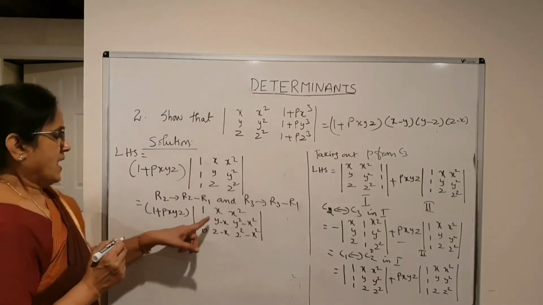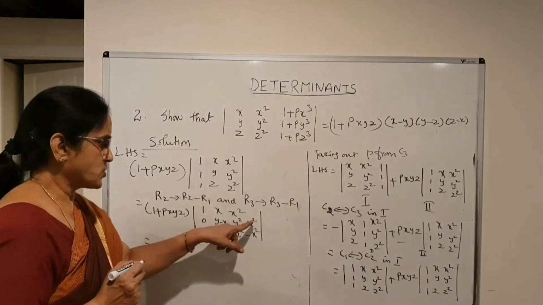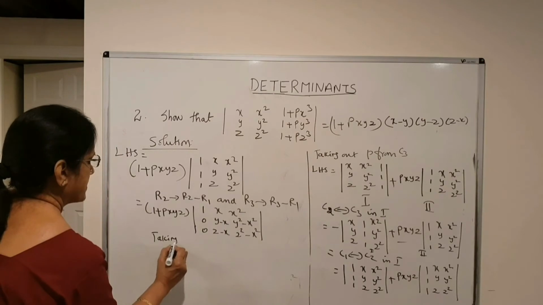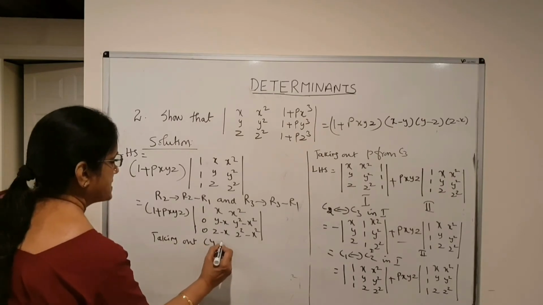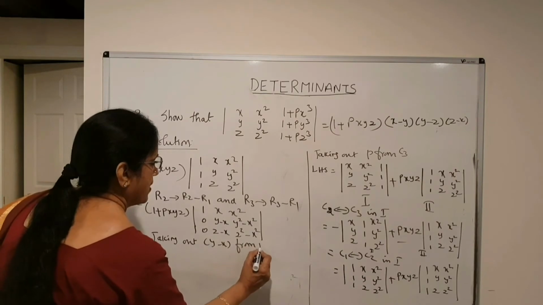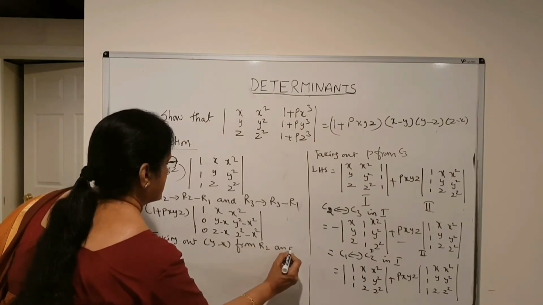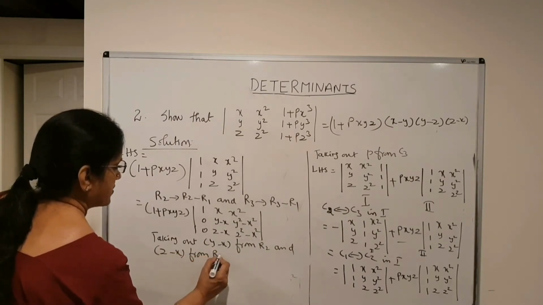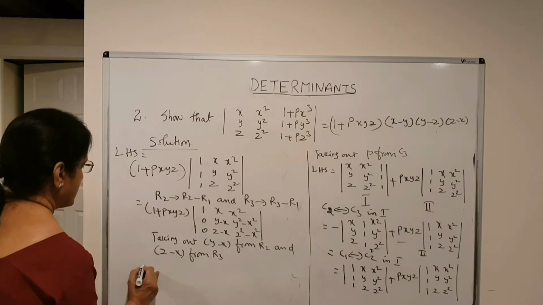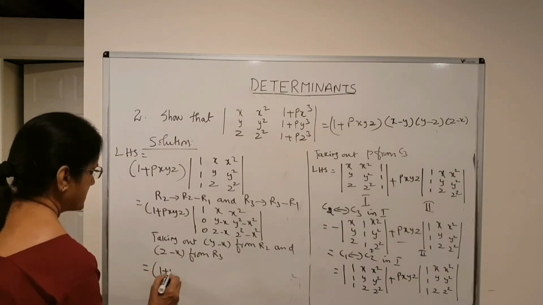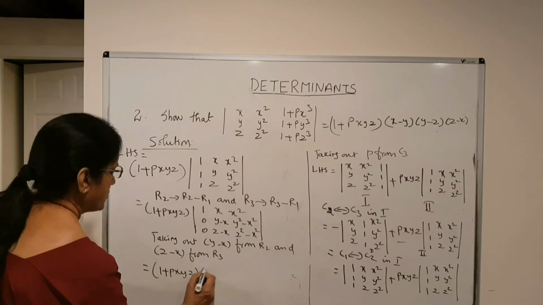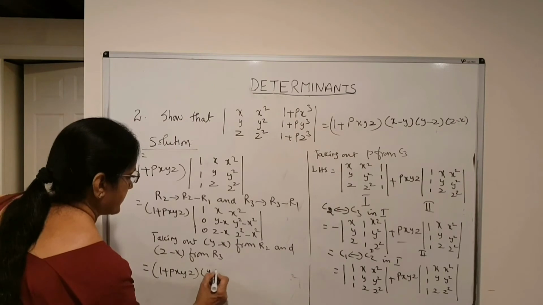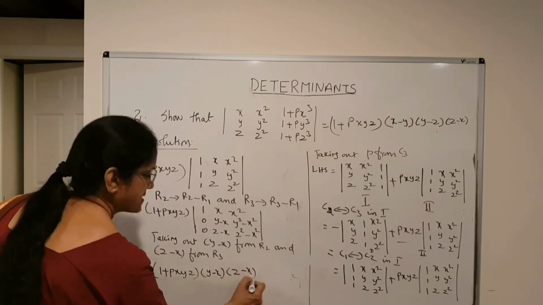Now, I am going to take out y minus x from R2 and z minus x from R3. Taking out y minus x from R2 and z minus x from R3, we get LHS is equal to 1 plus pxyz into y minus x into z minus x.